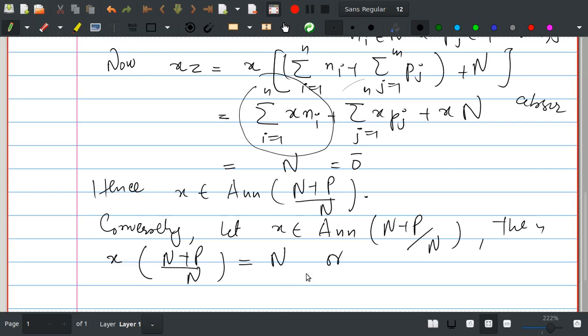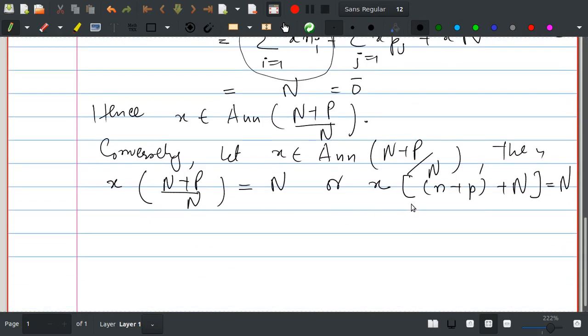Or this x is going to annihilate each element of this module. Now an element in this module looks like n plus p plus n, which is actually n.